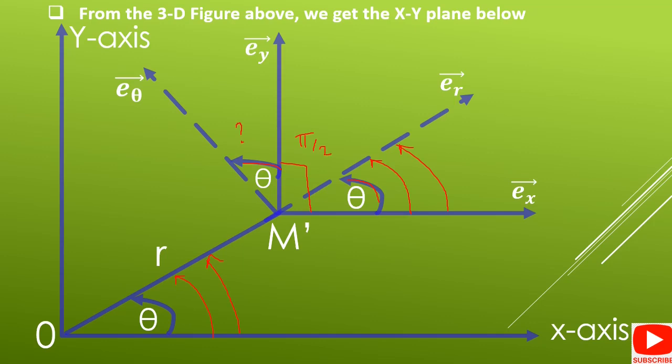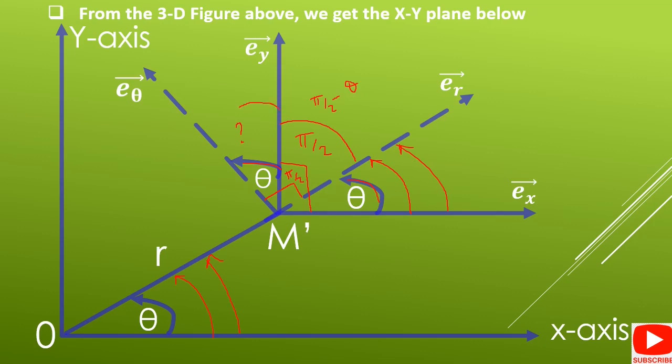Also, the unit vectors E theta and Er occur at 90 degrees to each other, that is pi on 2. It therefore means that this angle is the angle pi on 2 minus theta.